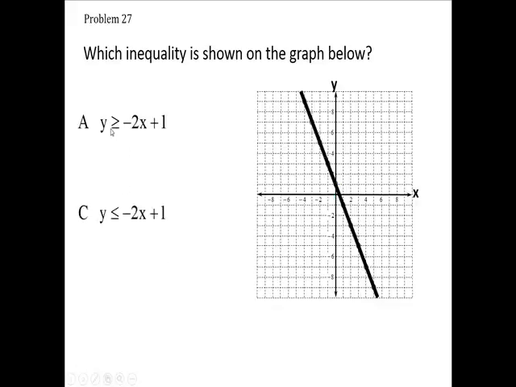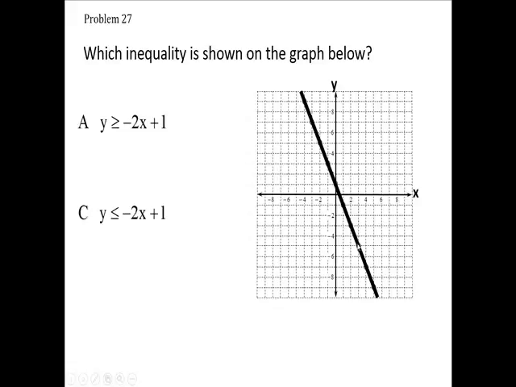Now, the reason you would pick that is if you have a solid line, then you're saying the line also satisfies the inequality. And in order to have the line filled in, you need a greater than or equal to, or a less than or equal to.